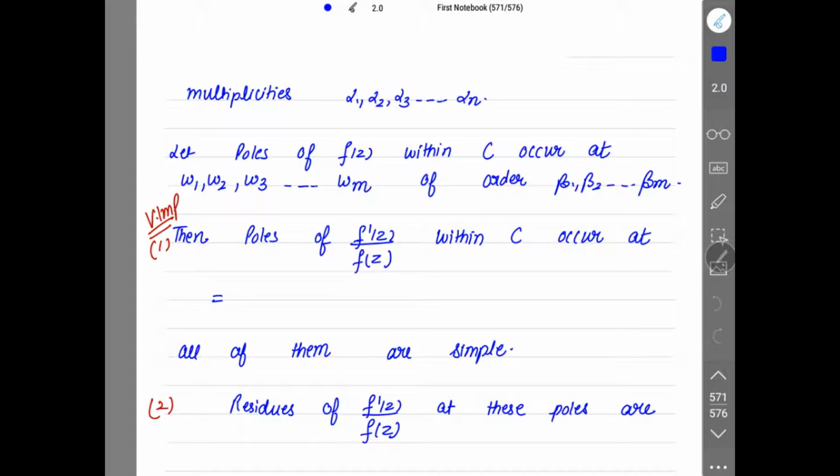So we are having the poles at w1, w2, w3 up to wm. Of course, we are having the poles at these points. But they are talking about the poles of f'(z)/f(z). Any other poles we are having? Just recall your remark number 1. Let's recall remark number 1.